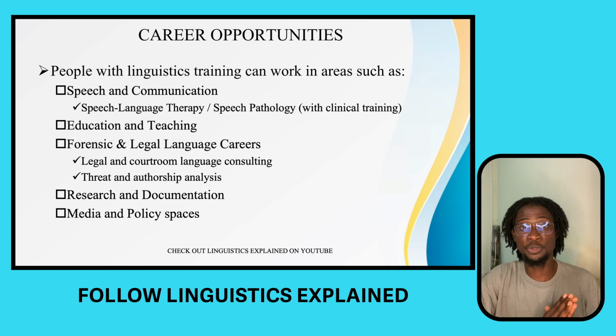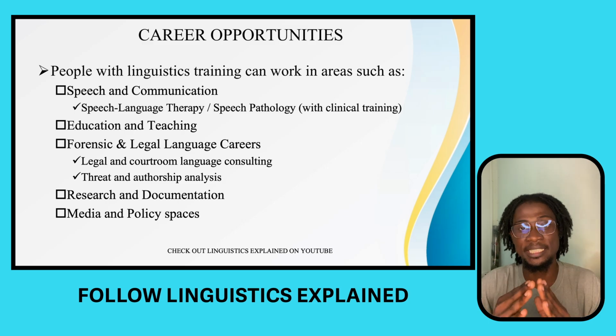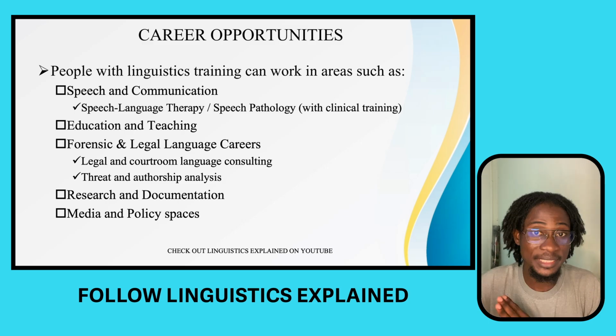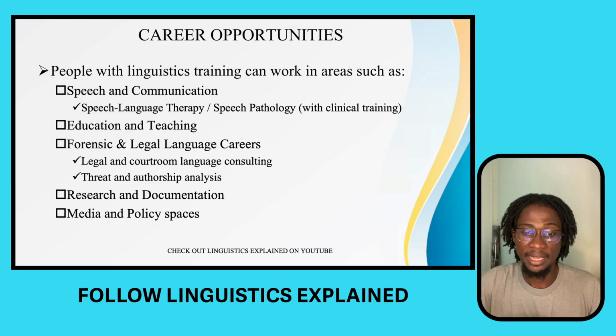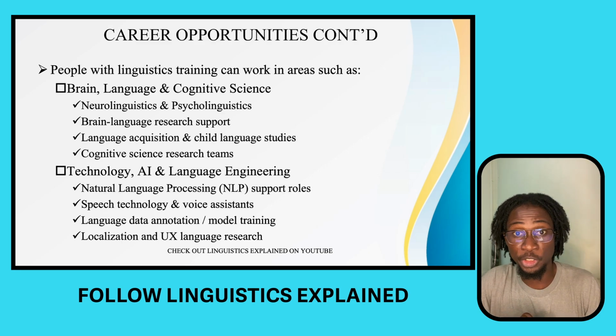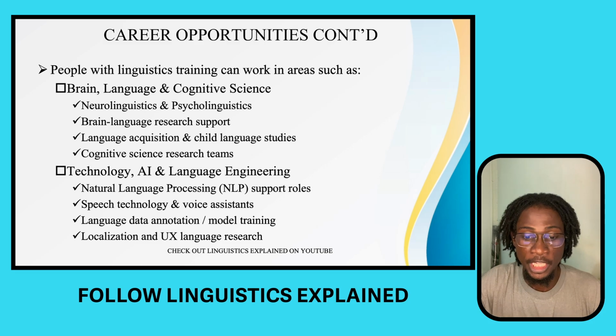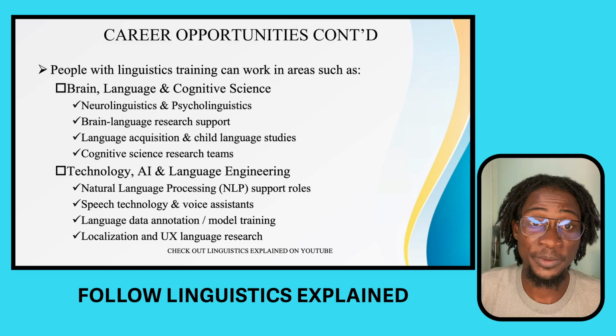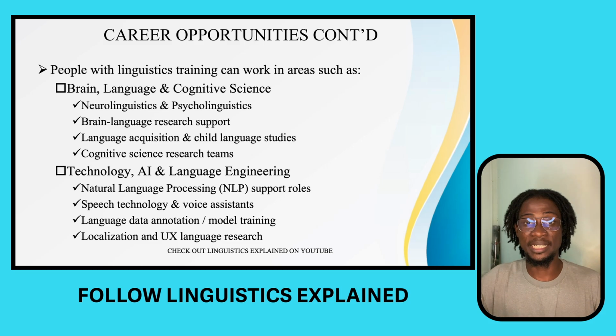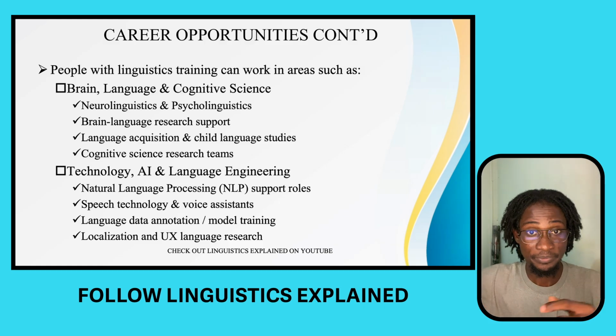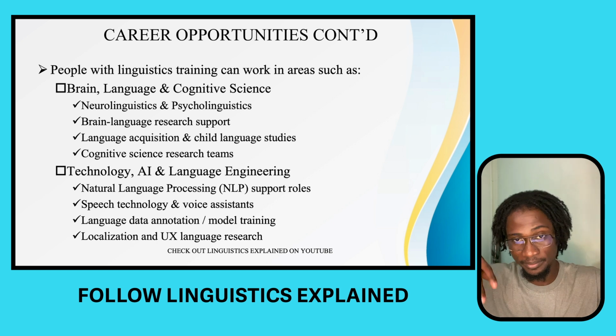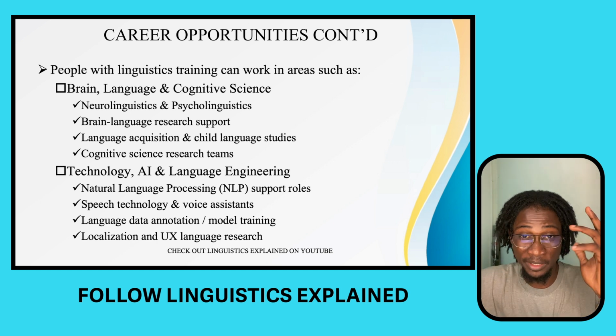There's also research and documentation. You can be a full-on researcher. Media and policy spaces, you can also be there. There's also brain, language, and cognitive sciences, where you can be a neurologist with clinical training, of course. So there's an aspect of linguistics that is neurolinguistics that looks at language and the brain, how language and the brain work.